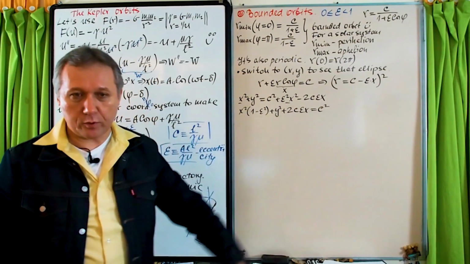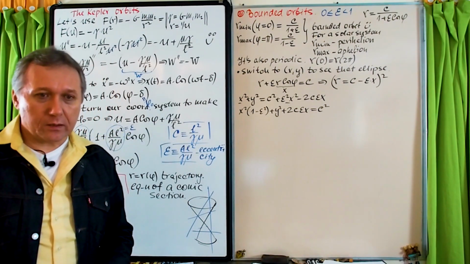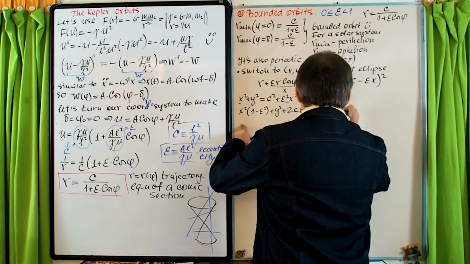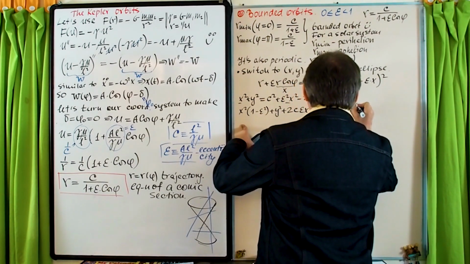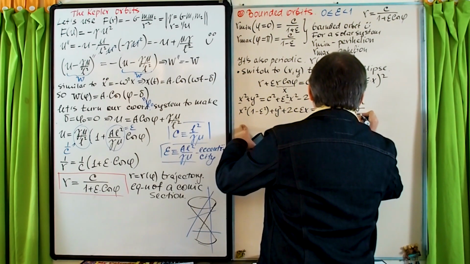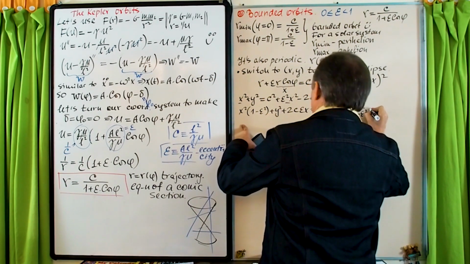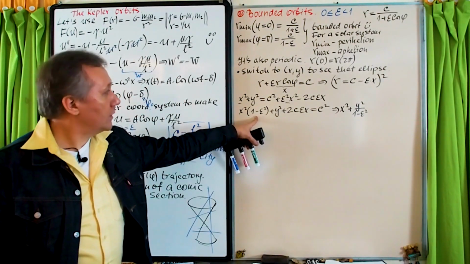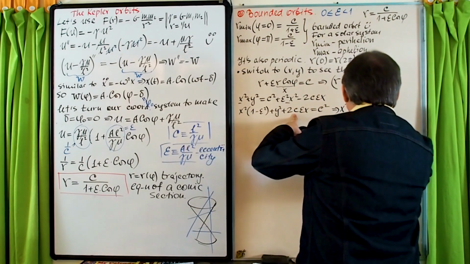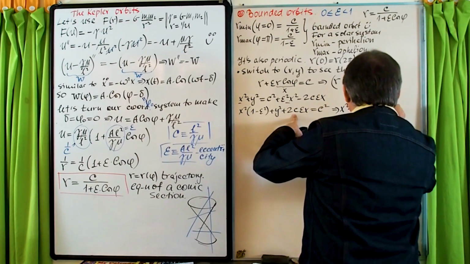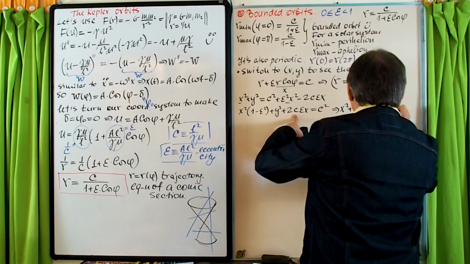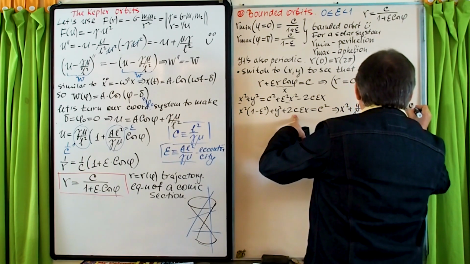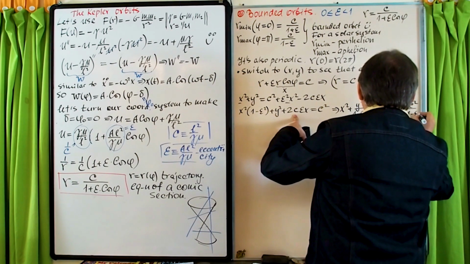Let me just divide the whole equation by 1 minus epsilon squared. As a result, I will have x squared plus y squared divided by 1 minus epsilon squared. So you see I'm just dividing by this factor. Then that plus 2c epsilon over 1 minus epsilon squared x equals c squared over 1 minus epsilon squared.